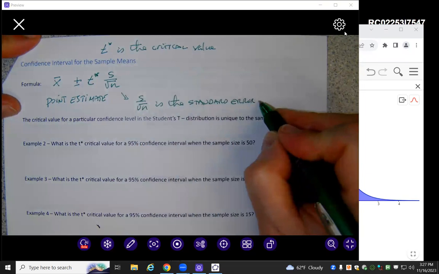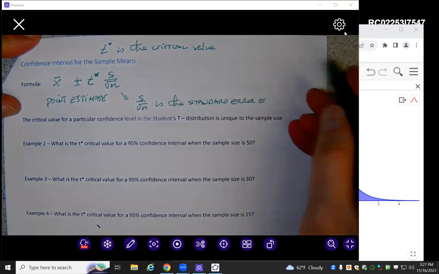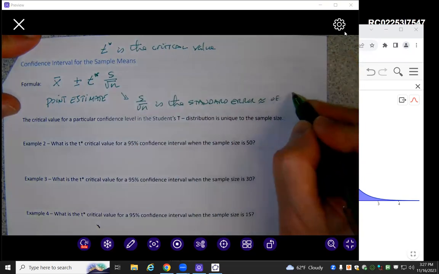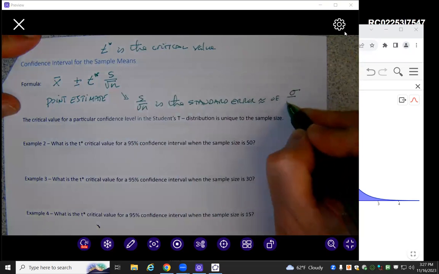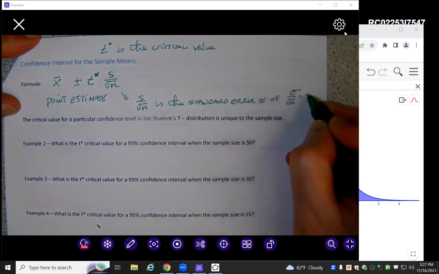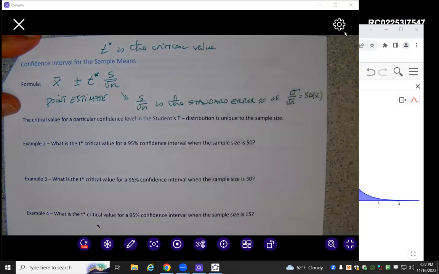Which is an approximation, an estimate of SD of X bar, the standard deviation of X bar.